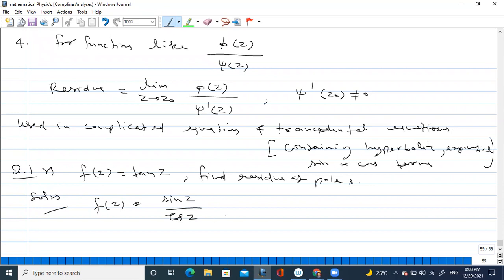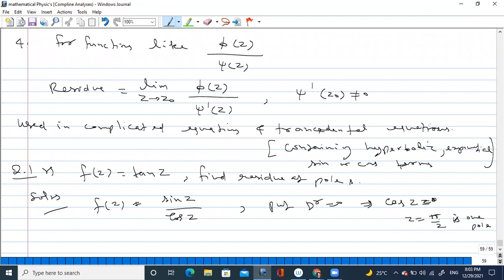To find the pole, put the denominator equal to 0, means cos z equal to 0. So here z will be pi by 2. Cos pi by 2 is 0. So z equal to pi by 2 is one pole.